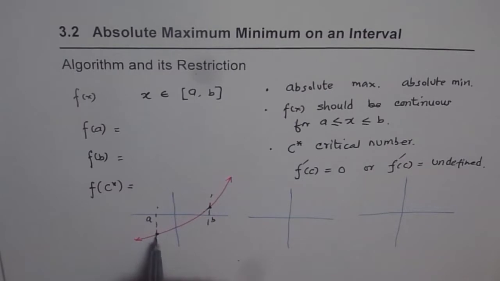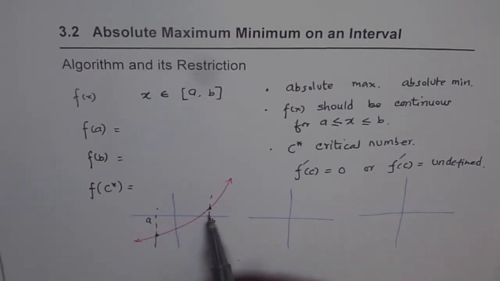At a we have absolute minimum and at b we have absolute maximum. So the function as such may not have any local maximum or minimums and may not have any critical point in between. I mean, if you find the derivative in between, it is neither 0 nor undefined at any point. Now even for that kind of a function, you see we have absolute maximum or minimum, correct?